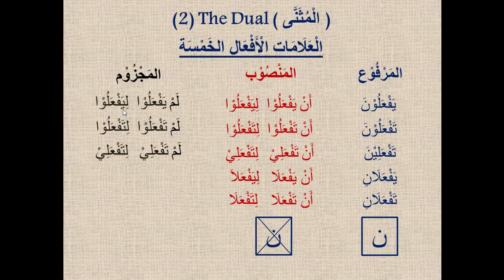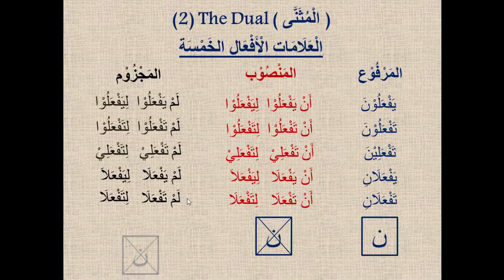Same case, we've dropped the noon, hadhf an-noon. Lam taf'alu, li taf'alu. Lam taf'ali, li taf'ali. So this is lam or lam al-amr. Same case happens to our dual verbs, lam yaf'ala, li yaf'ala, or lam taf'ala, li taf'ala, dropping the noon.